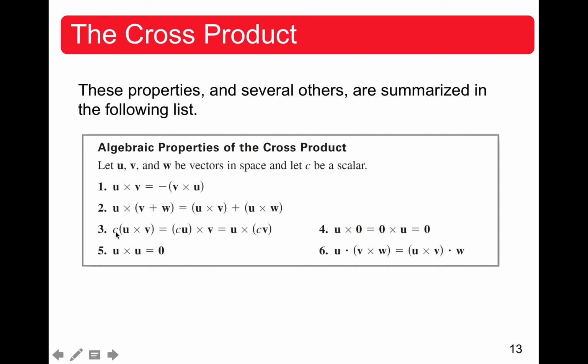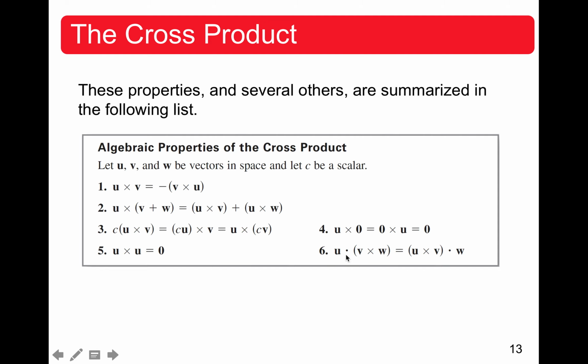If you have a scalar number times the cross product, you can take the scalar times the first vector and then cross it with v, or you can take the first vector and cross it with the scalar multiplied by the second vector. We know that u cross u is 0, just like v cross v was equal to 0. If we cross a vector with a 0 vector, it's going to equal 0 as well.